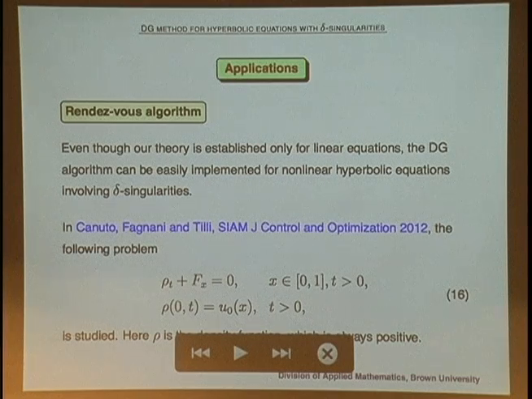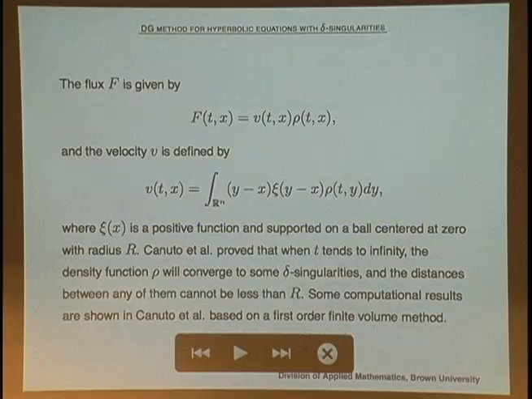We'll be done. This PDE looks like a conservation law, but this flux is actually globally defined. The flux involves an integral. This PDE has a very strange property: if you put in a smooth initial condition, it becomes a bunch of delta functions later. That won't happen for general conservation laws because there's a maximum principle.